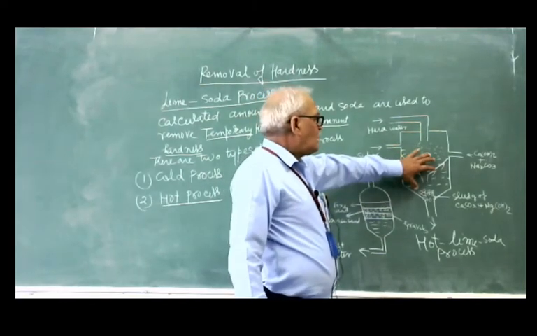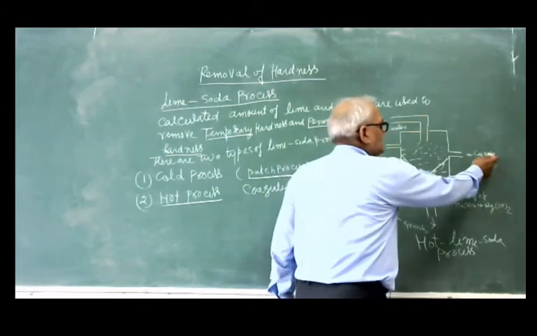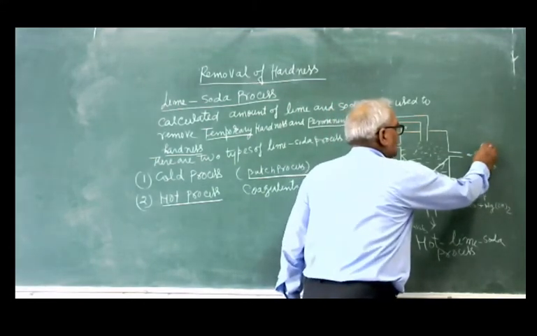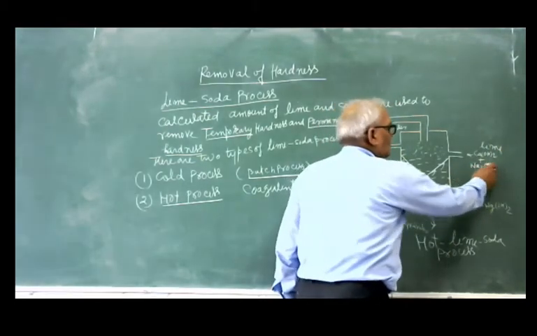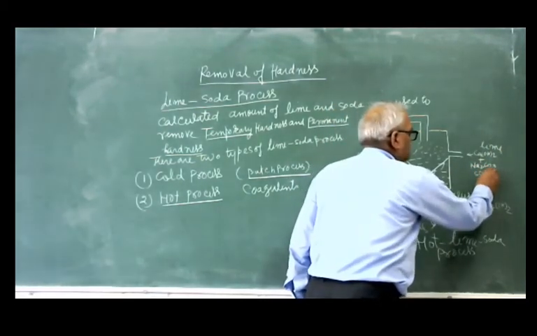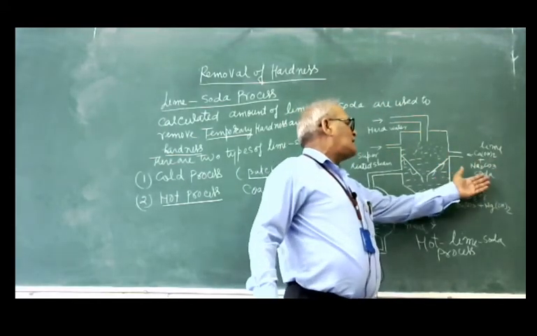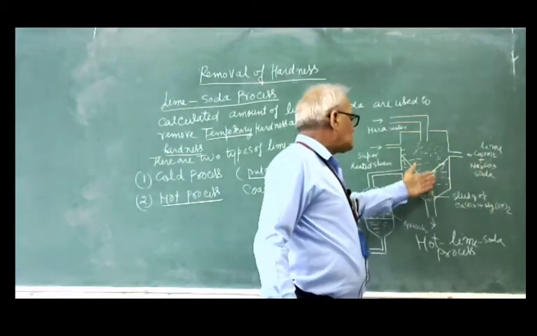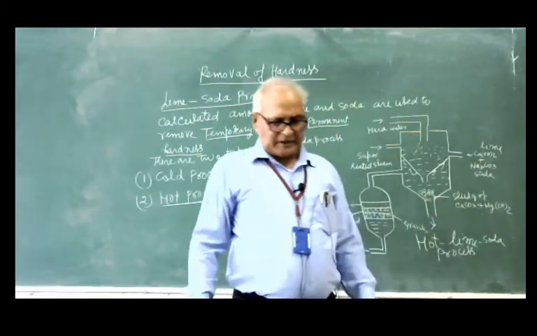In this hot water, we add calcium hydroxide, means lime, and sodium carbonate, means soda. So a calculated amount of soda and lime is mixed in the water, and chemical reaction takes place.